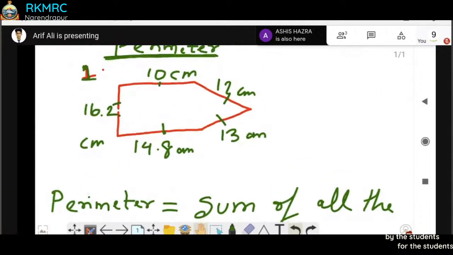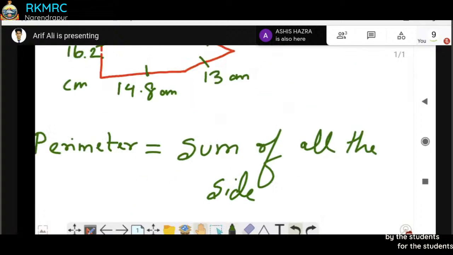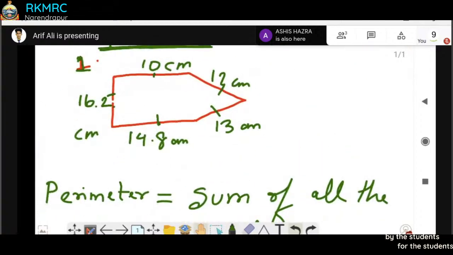First 10, 12, 13. Sum of all these sides. 10, 12 plus 13, and 14.8.